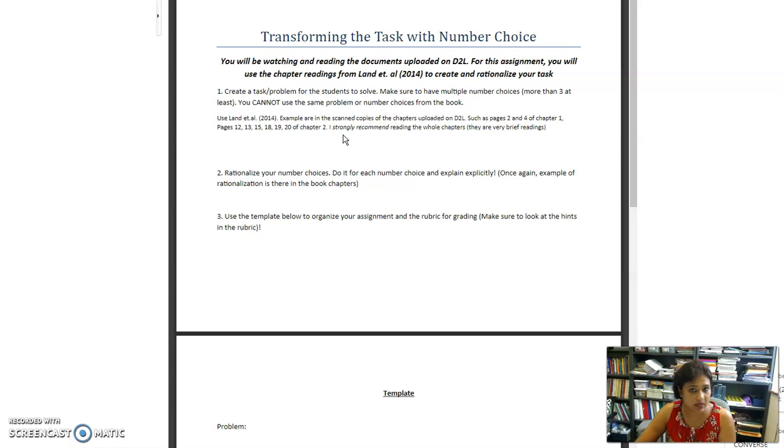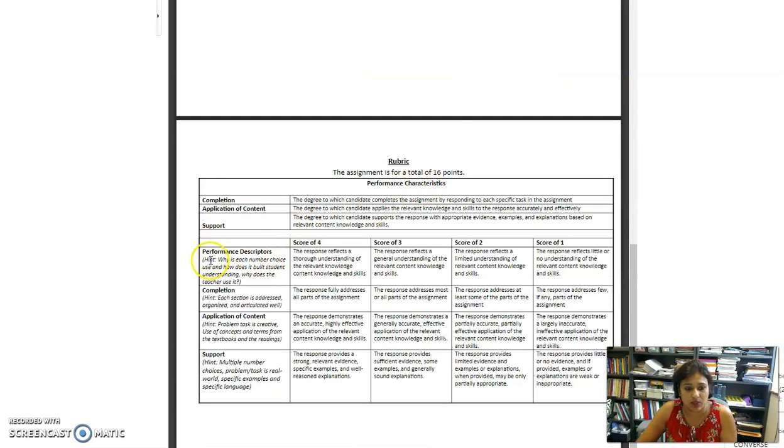They are very brief readings. Rationalize your number choice. Do it for each number choice separately. Talk about how it builds student understanding. What would you think the student would do? Why did you as a teacher choose it? Those are all the things that reflect a thorough understanding of relevant knowledge, content, and skills.